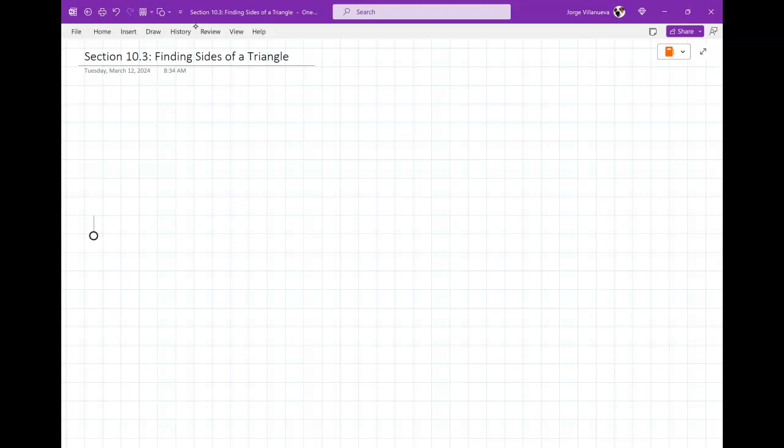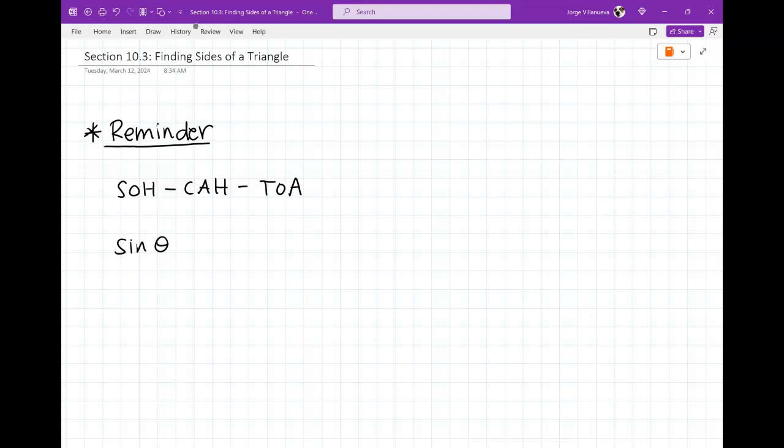So let me just real quick remind you guys of what we're supposed to know from yesterday. Okay, this is just a quick reminder. So we talked about SOHCAHTOA, right? Like this little acronym. And the S stood for sine of an angle equal to the opposite over the hypotenuse.